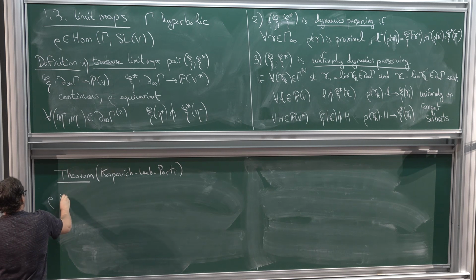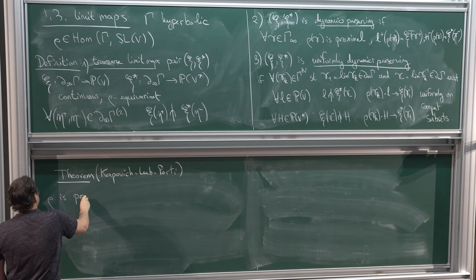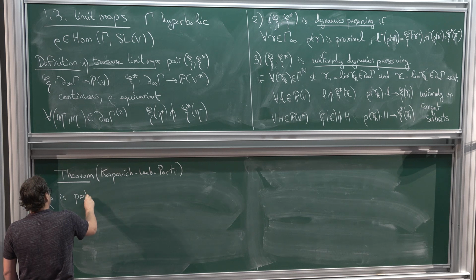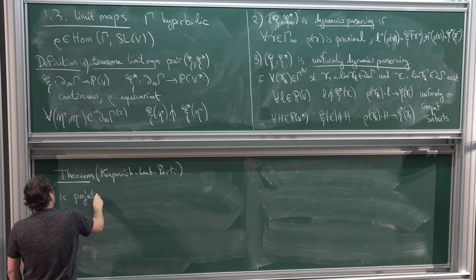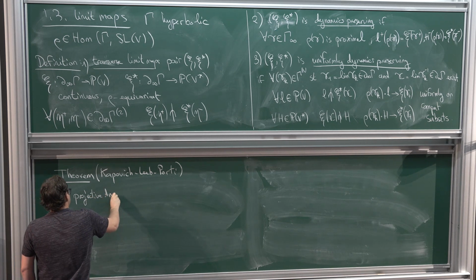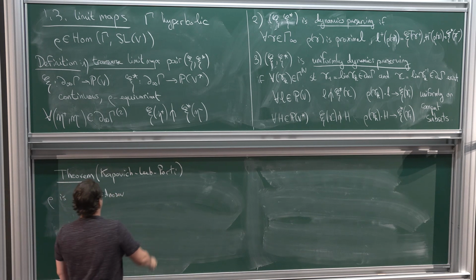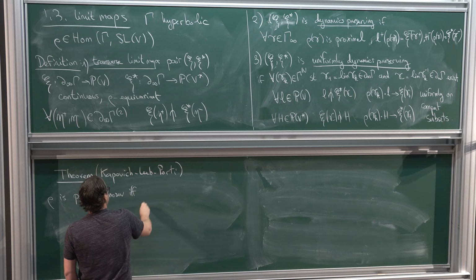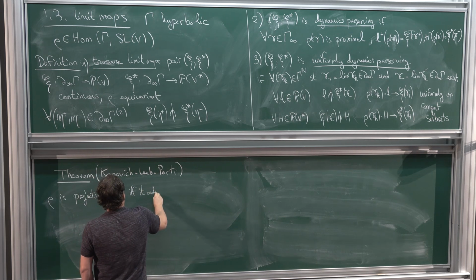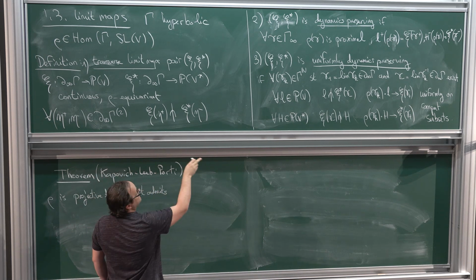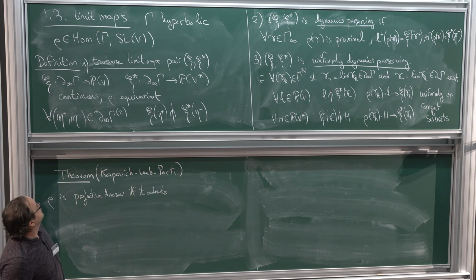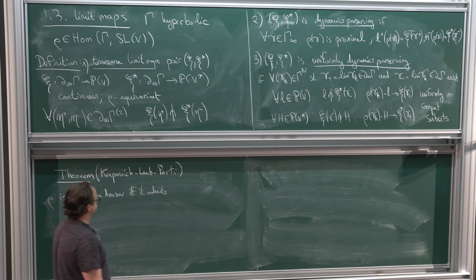Which is that rho is projective Anosov, or P1 Anosov, which I haven't defined yet anyway, if and only if it admits uniformly dynamics preserving transverse limit maps.